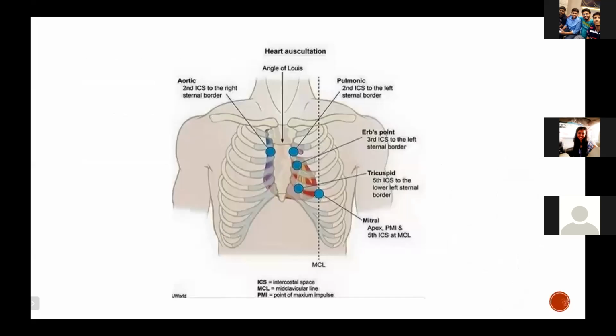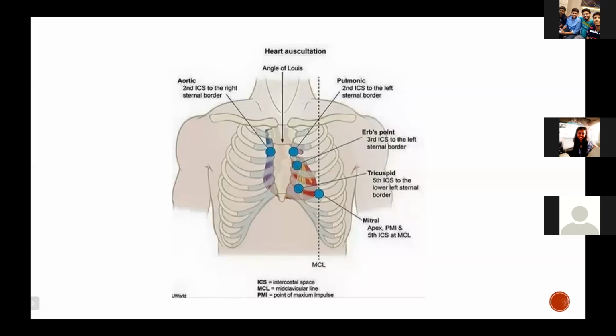The second thing is the four traditional areas of auscultation that we all know: the mitral area, the tricuspid area, the pulmonic, and the aortic area. In addition to this, there are two other areas over the precordium which we should regularly include while auscultating, and that includes the Erb's area as well as Gibson's area.